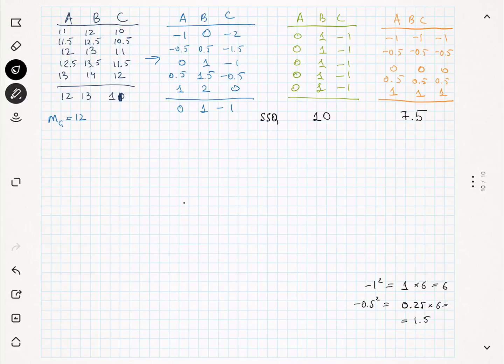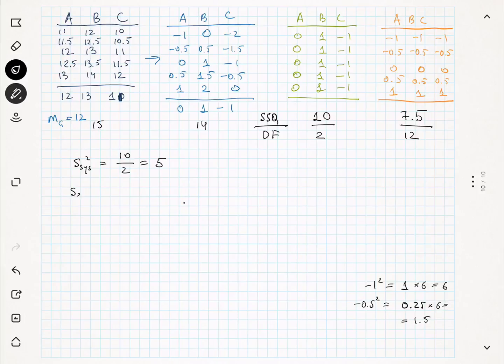Okay. Now, the degrees of freedom. We remember the degrees of freedom, we started with 15. Then we use 1 to calculate the average, it's 14. Then we use 2 degrees of freedom to make a group comparison, and then we have 12 left. Now we can calculate the variance, just taking the ratio. So the variance for the systematic part is the same. It's 10 over 2, or it's 5.